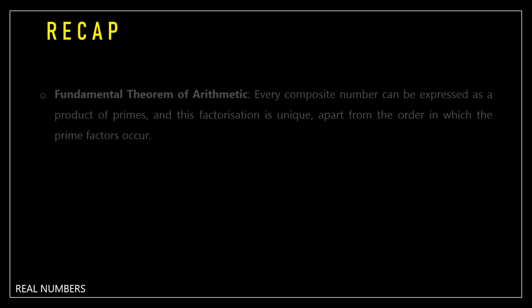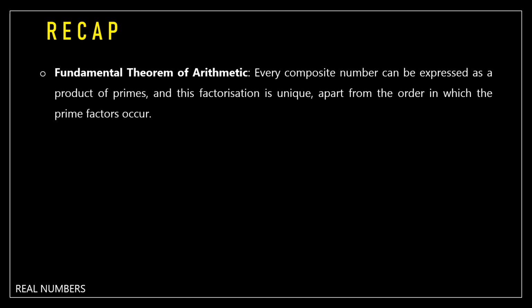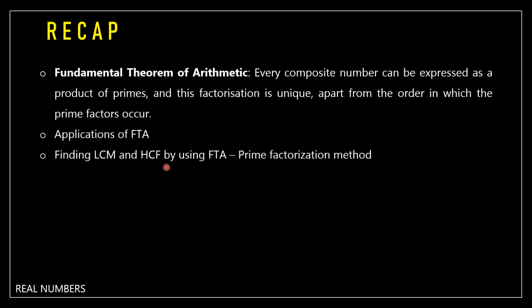In this class, we have learned the fundamental theorem of arithmetic, which says every composite number can be expressed as a product of primes, and this factorization is unique apart from the order in which the prime factors occur. And we discussed some applications of FTA, that is finding LCM and HCF by using the prime factorization method.